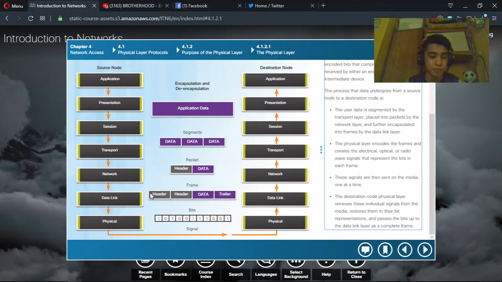The data link will become a frame, and when it comes to the physical layer, the encapsulated data will be turned into bits, then flow to the media and be received first by the physical layer. It will then decapsulate the bits and become a frame, then decapsulate the frame and become a packet, and then decapsulate the packet and become data for the application layer.